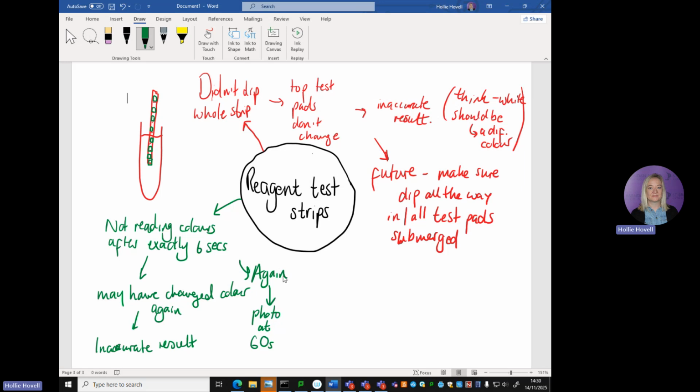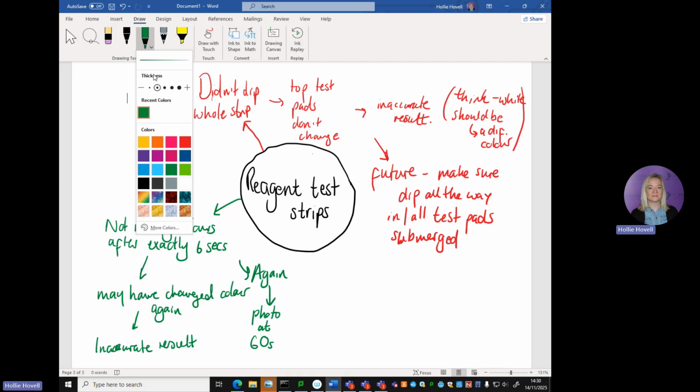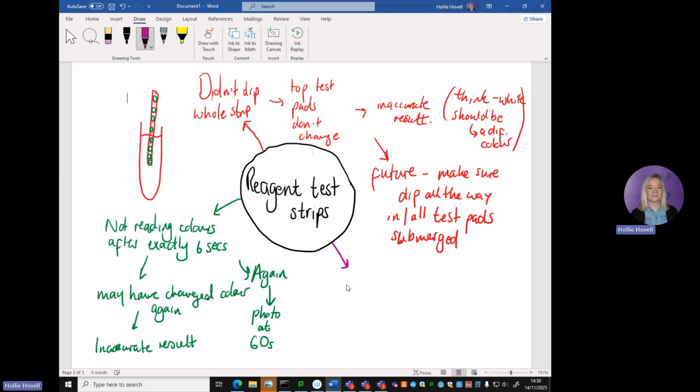Yeah. Another thing that you're meant to do is you're meant to lay it flat when you read off it. So if you didn't lay it flat, then what could sometimes happen is that the substance from one pad moves to another or diffuses to another pad, and then it affects the colour of that pad.